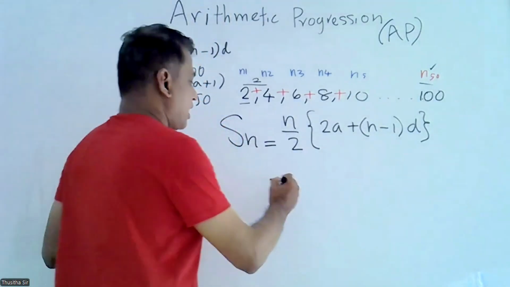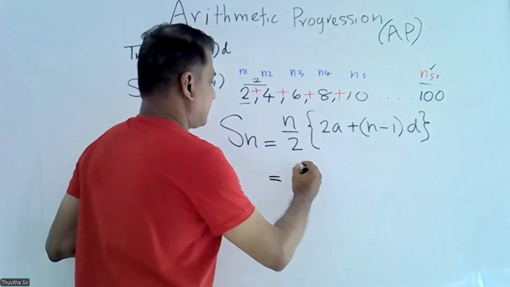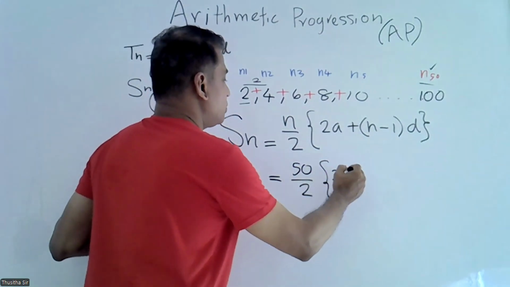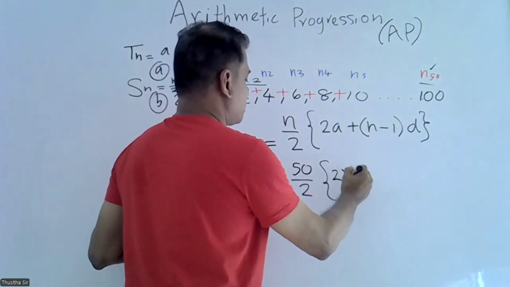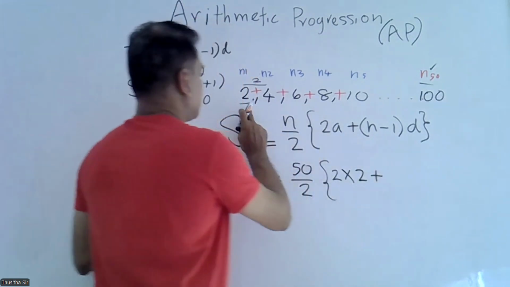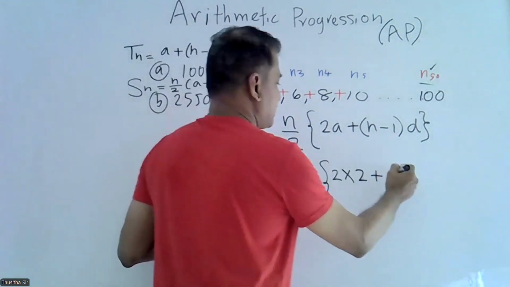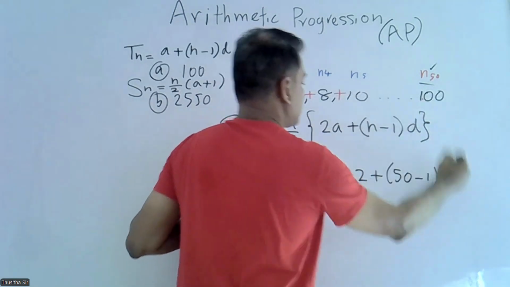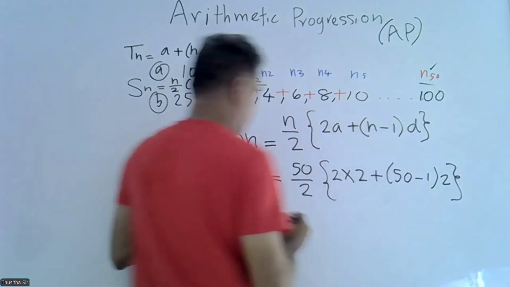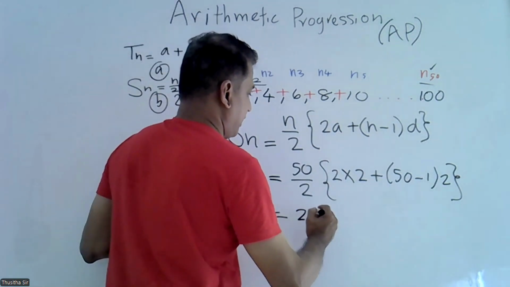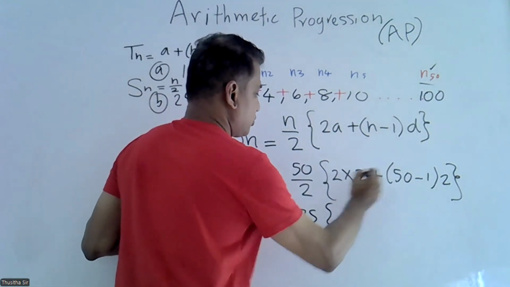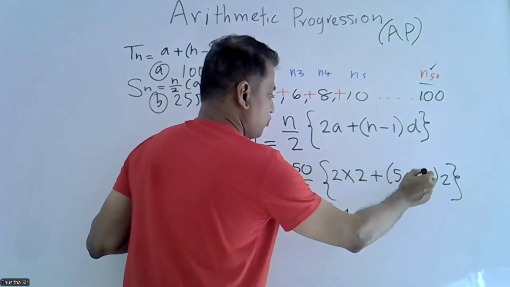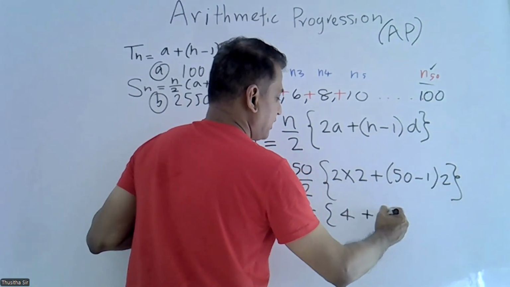Now you see, how many numbers? 50 divided by 2, that's 25. 2A, where A is 2, is 4, plus n minus 1, which is 50 minus 1, is 49, and the difference is 2, so 49 times 2 is 98.